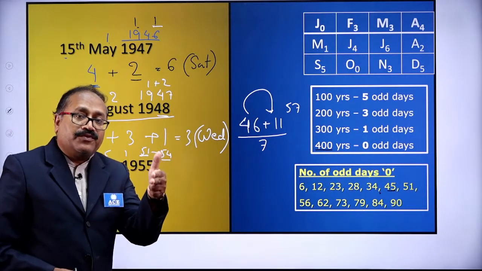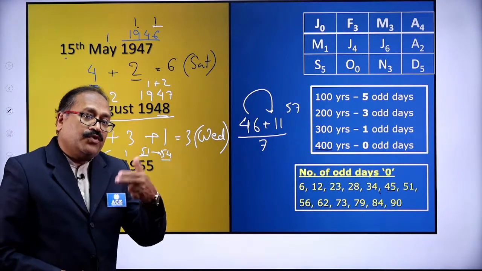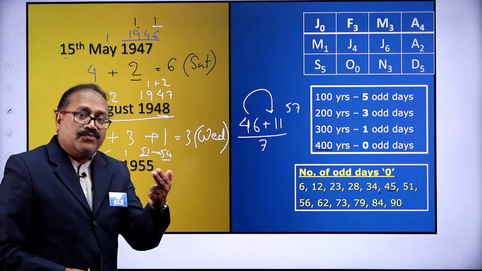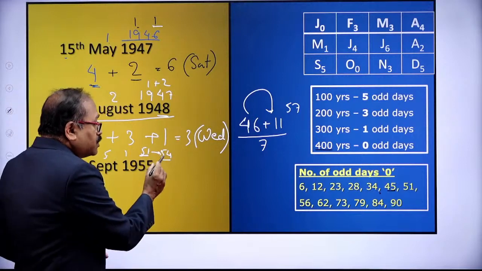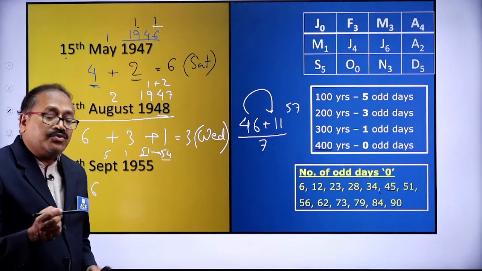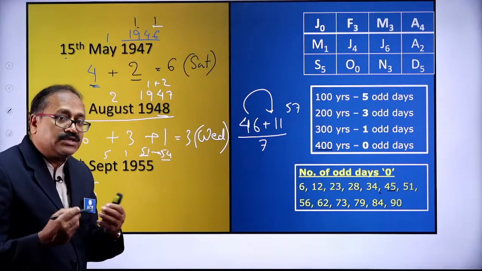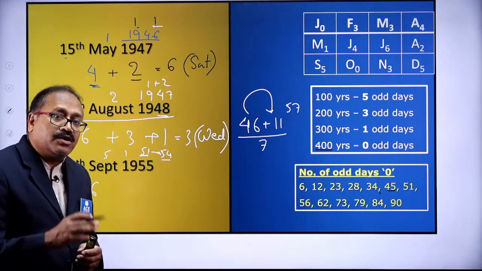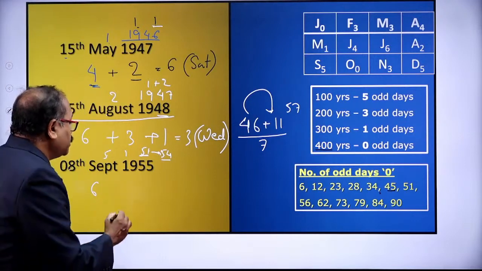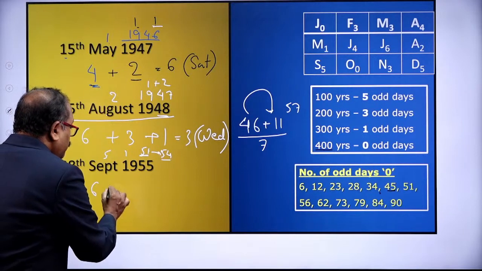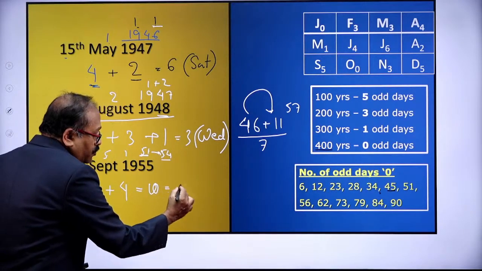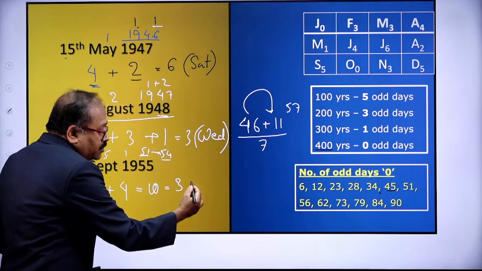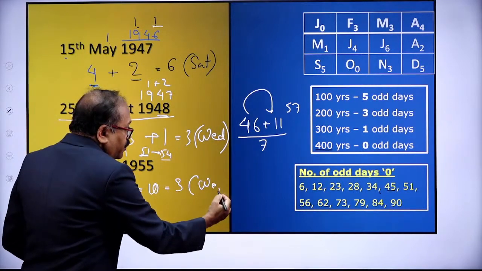But remember that 52 is a leap year, therefore one more odd day. 4 odd days. So here 3 years are there, but 52 comes in between, which is a leap year. Therefore the total odd days will be 4. So take the 4 odd days over here. The total 10 odd days, which is equal to 3 odd days, and 3 odd days is a Wednesday.